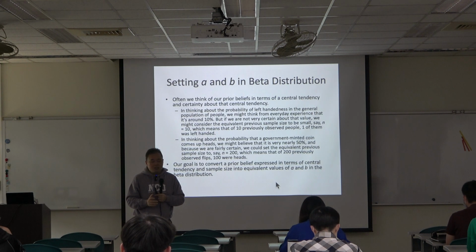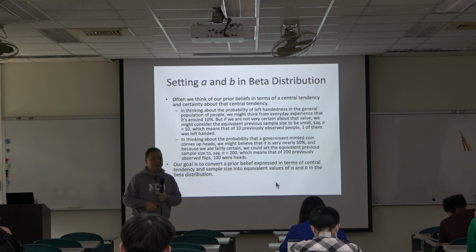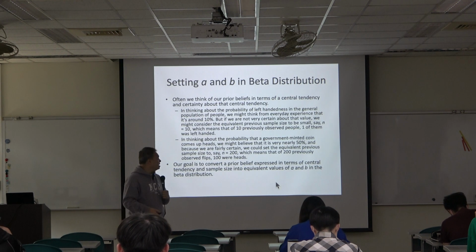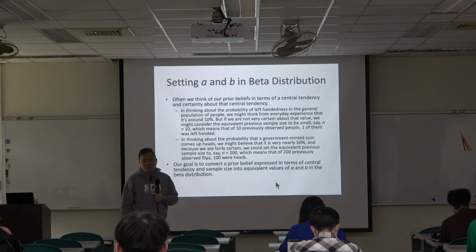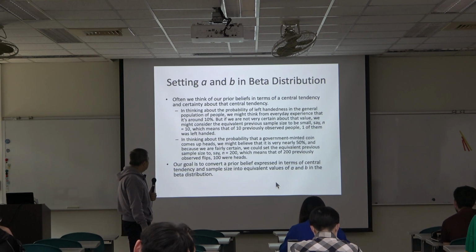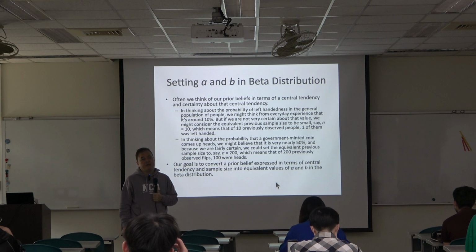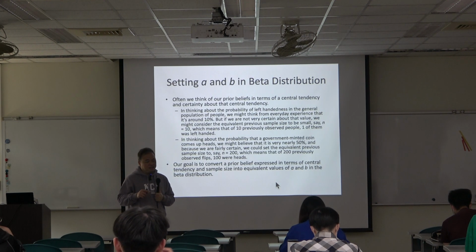If we use traditional statistics as an example, the first term can normally be considered as mu, the average. And the certainty about the central tendency, a lot of the time we consider that in traditional statistics as sigma, the standard deviation.